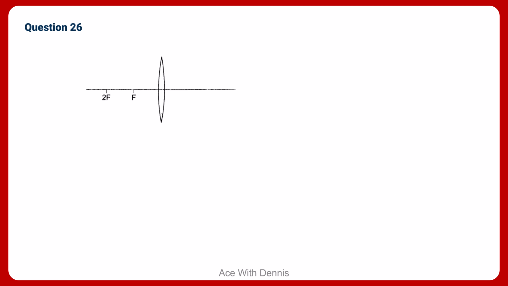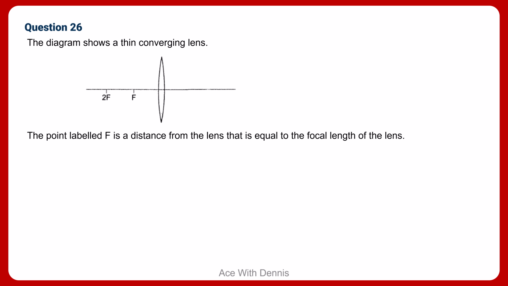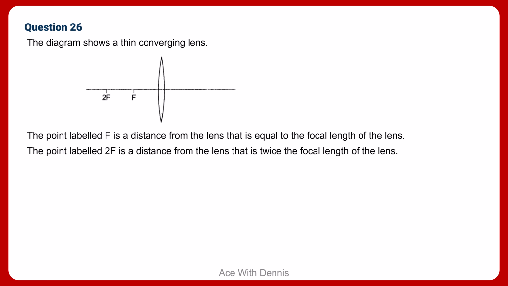Question 26. Given this diagram, the diagram shows a thin converging lens. The point labeled F is a distance from the lens that is equal to the focal length of the lens. The point labeled 2F is a distance from the lens that is twice the focal length of the lens. An object placed at point P forms an enlarged virtual image.